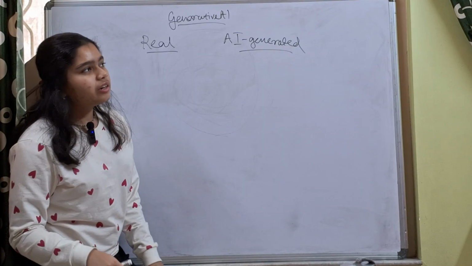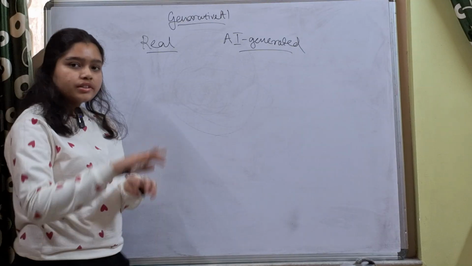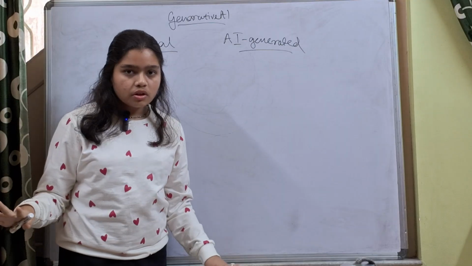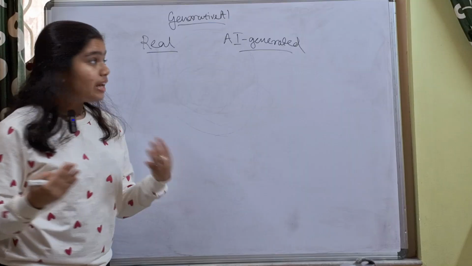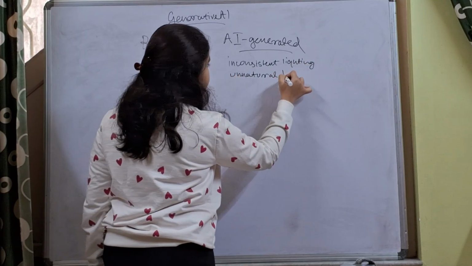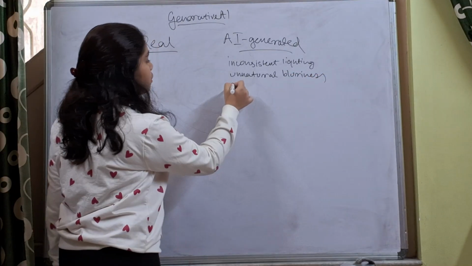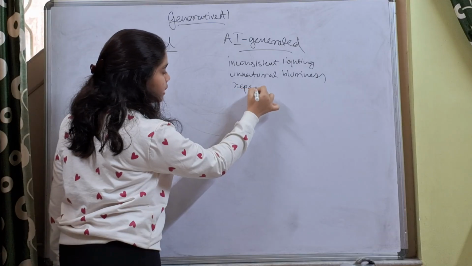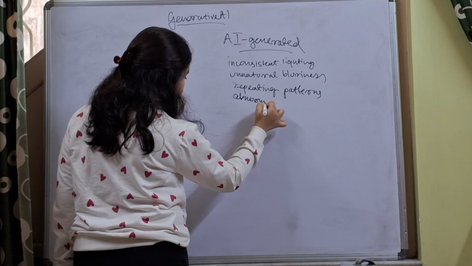Real images usually have consistent lighting throughout, but in AI generated images, there can be inconsistent lighting. There can be unnatural blurriness. There can sometimes be repeating patterns. There can be abnormal shapes.